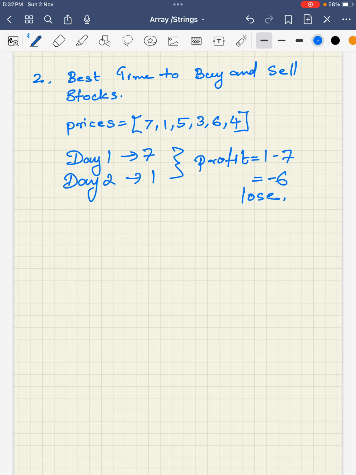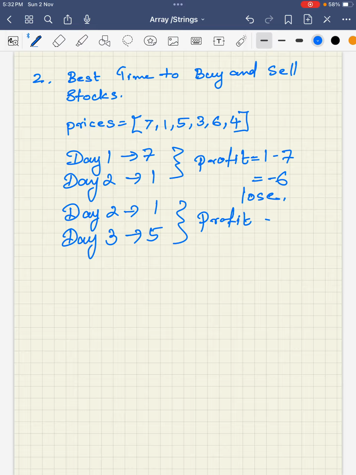Like that, for example, suppose I bought it on day 2, that is 1 rupee, and sold it on day 3, that is 5 rupees, then the profit would be 5 minus 1, that is 4. Like that, I have to find those days, and find what could be the maximum profit I could obtain.